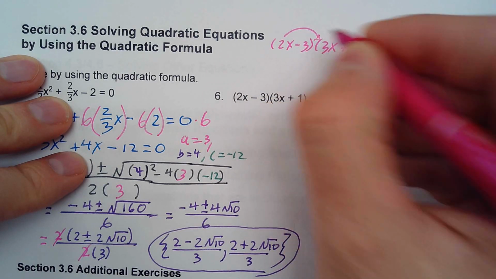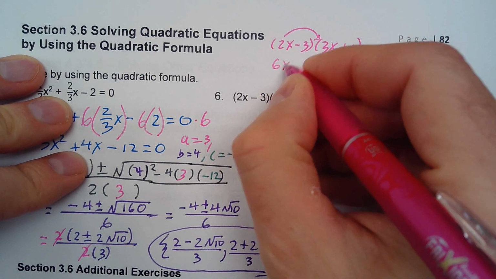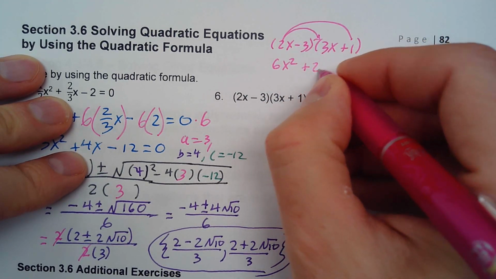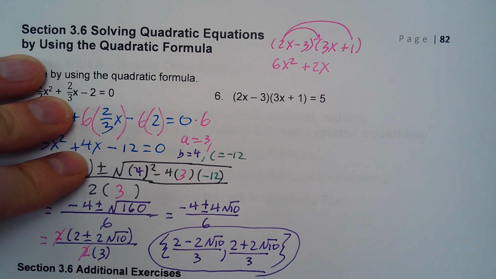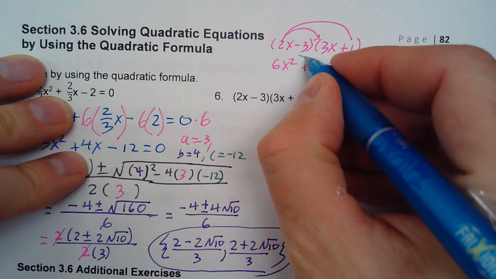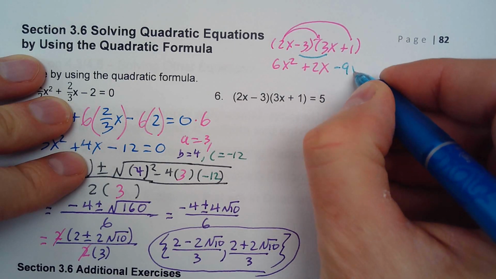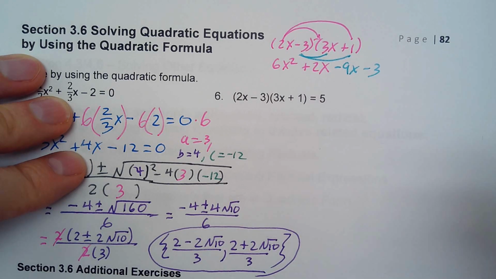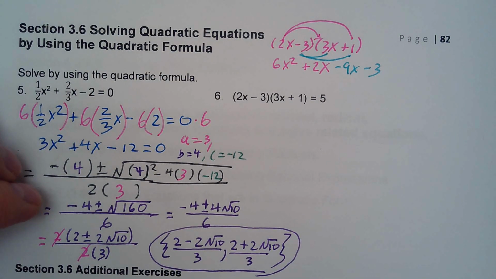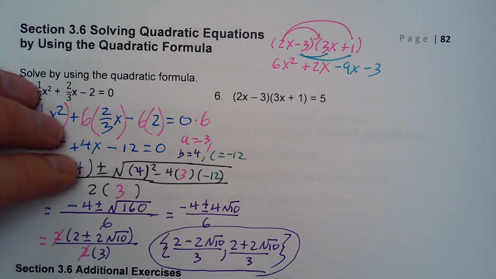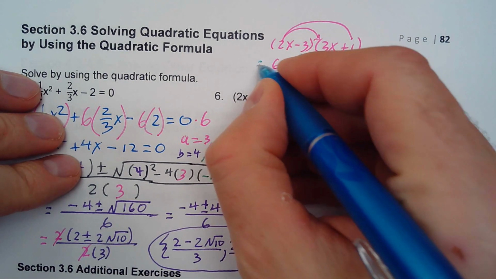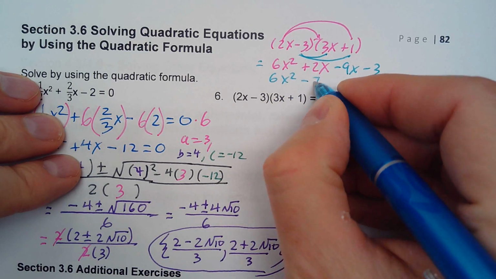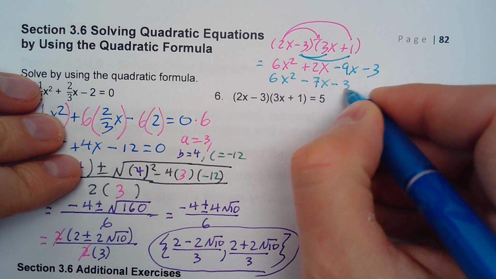Product of the firsts, that'd be 6x squared. Outer terms, plus 2x. Inner terms, negative 9x. Last terms, negative 3. So that's going to give us 6x squared, combined like terms, minus 7x minus 3.